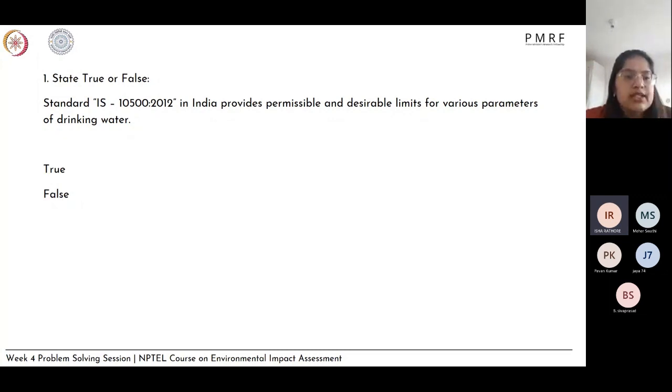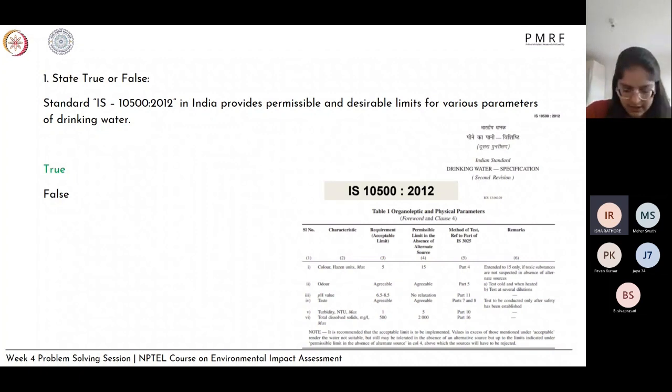So the first question is: the standard IS 10500 in India provides permissible and desirable limits for various parameters of drinking water. So we discussed this in our review as well. Is this statement true or false? Okay. So again, standards and things are important.